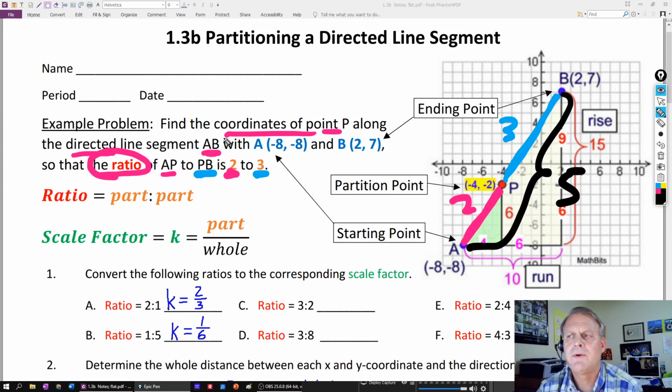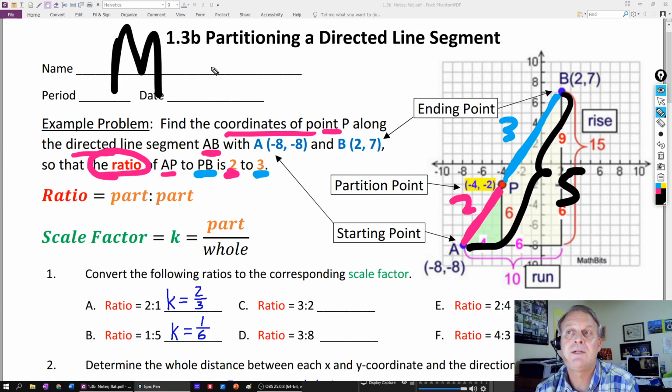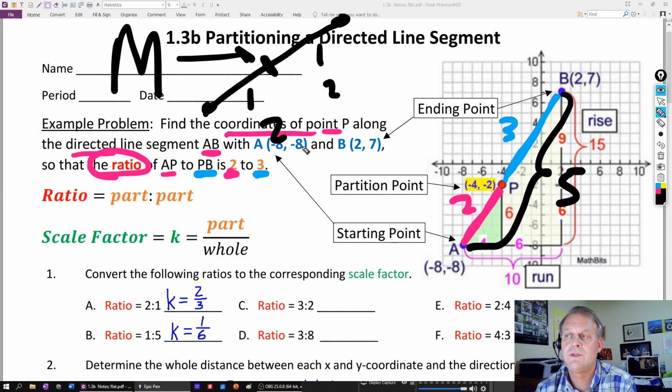Now with the midpoint, you're familiar with midpoint. When you see midpoint, you're thinking of the middle, and even if the segment was going diagonally like this, with a midpoint you want to be halfway through. So that would be like doing 1 to 1, or you could say 2 to 2, or 3 to 3. It's still the same number of parts at the beginning compared to the remaining parts.